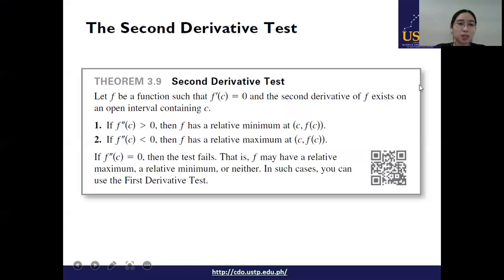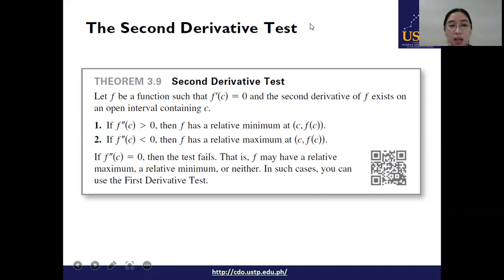Now let's proceed with the second derivative test, by Theorem 3.9. Let f be a function such that f prime of c is equal to 0, and the second derivative of f exists on an open interval containing c.